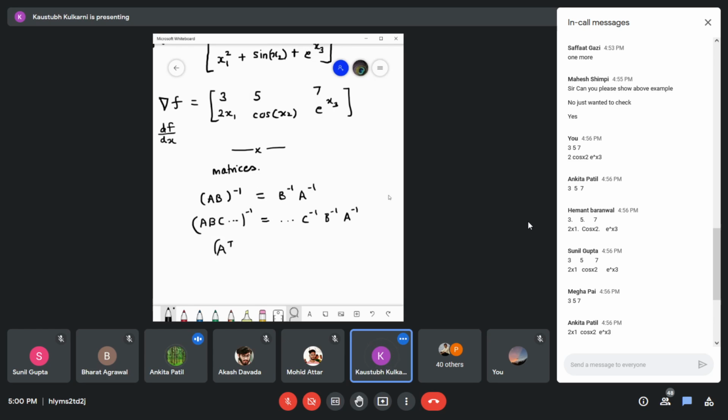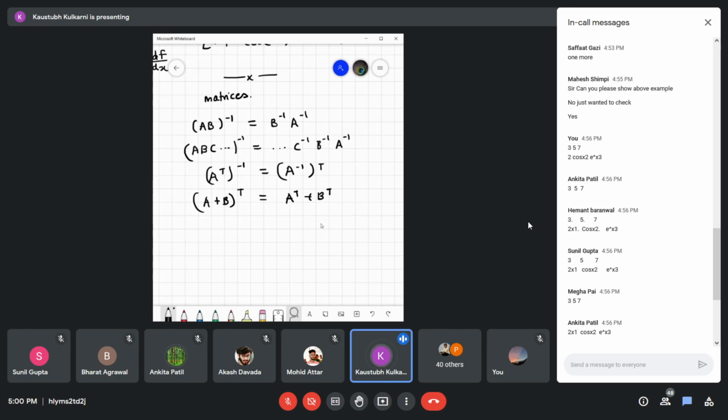A transpose inverse is the same as A inverse transpose. Then A plus B transpose is A transpose plus B transpose. If you do it in product, it's exactly like inverse.